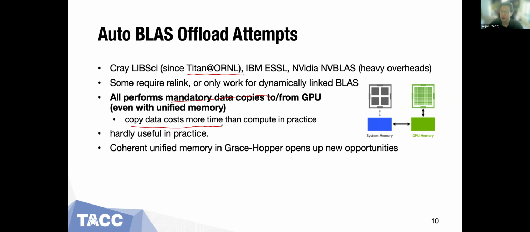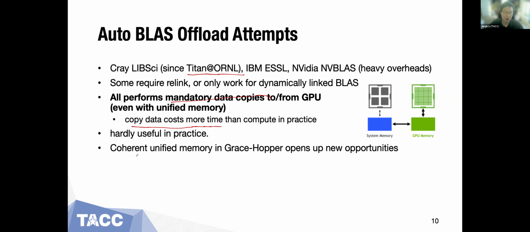I'm going to show you an example later on when I show you how the auto offload works, how data can be managed in auto offload. So these tools existed for so long, but they have never been really useful in practice unless you just do a simple DGEMM benchmark, and not useful at all for real codes.